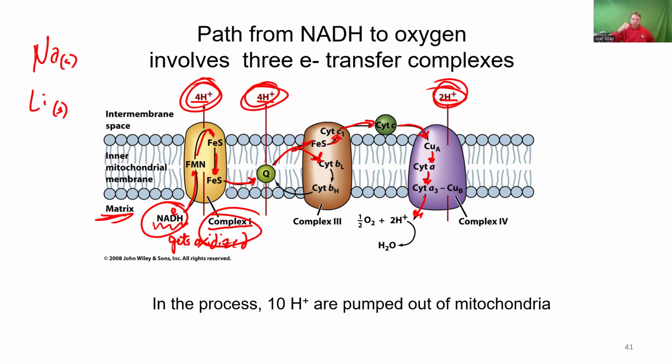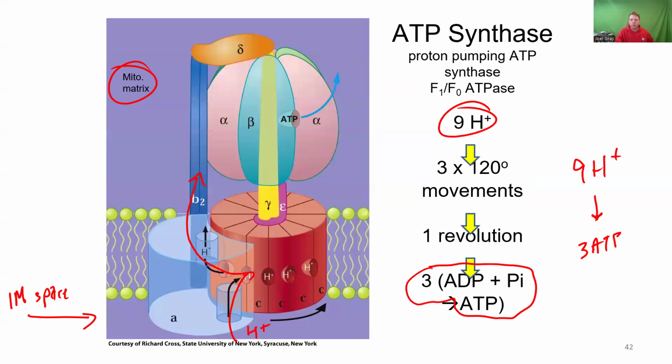These protein complexes will move a total of 10 protons. Those 10 protons that are pumped here, where I put a big X, will drive this protein complex, this ATP synthase, to undergo these really interesting and complex movements that lead to the production of ATP in the mitochondria.